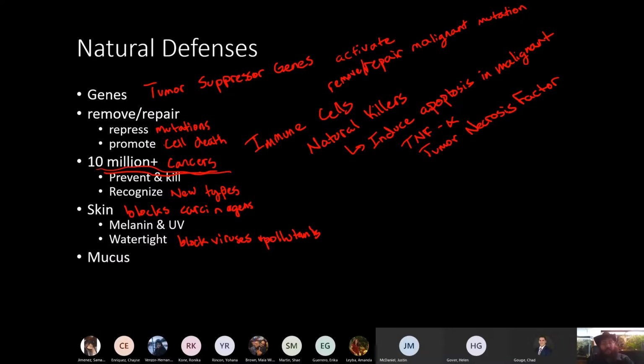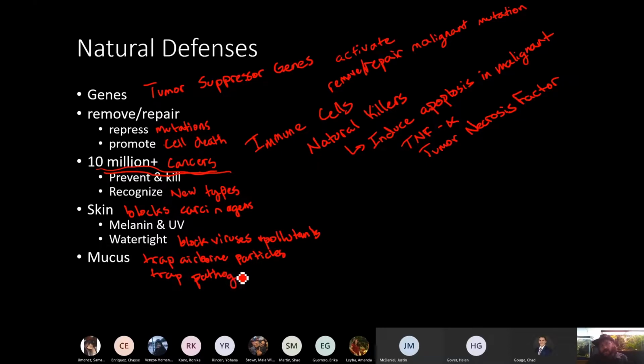Your body's mucus actually does a great job of handling carcinogens, right? So mucus lines your respiratory tract, so it can trap airborne particles. It can also trap pathogens.